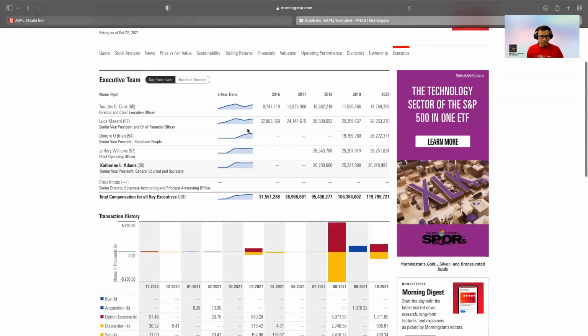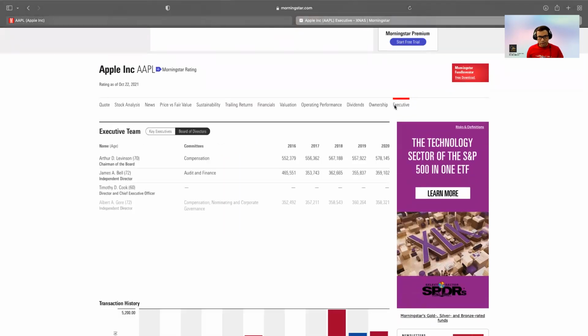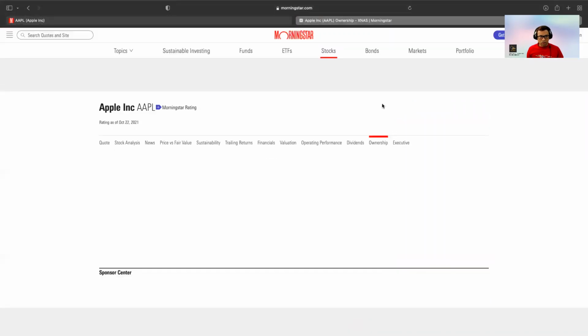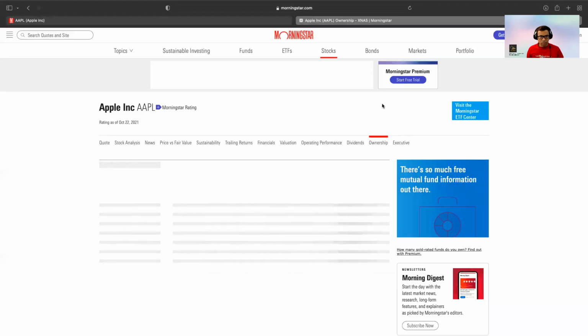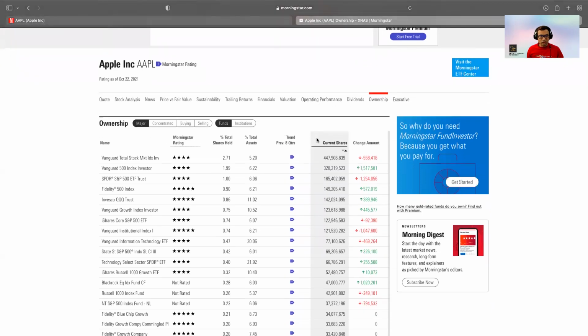So these are all the executive team and board of directors names, and we have ownership here. Ownership shows who the ETF or institutional investors are.